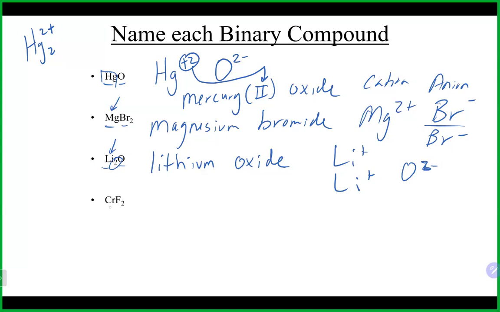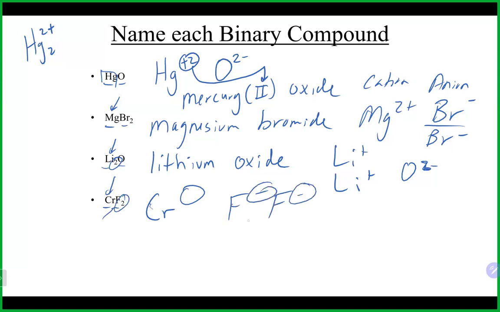Lastly, here we have chromium, a metal, and fluorine, which is a non-metal, and it's ionic. Chromium there in the middle of the transition metal region, 24, means it does have a variable charge, so we need to figure it out. Looking at what it's attached to, which is group 7, we have a -1, and there are 2 of them.